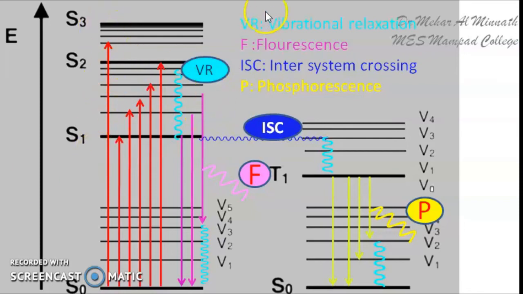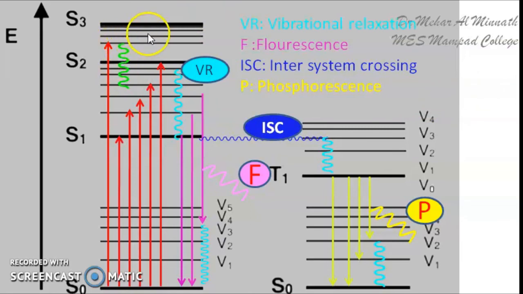Now here in this electronic transition, the electron from the ground state has gone to the higher vibrational level of the second excited state. Now from here, another mode of relaxation that is possible is, from the second excited state, it will go on to the first excited state.